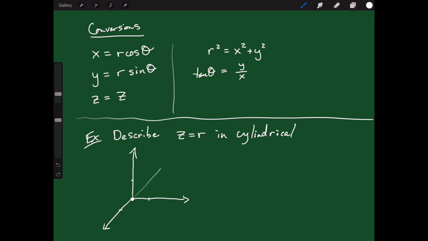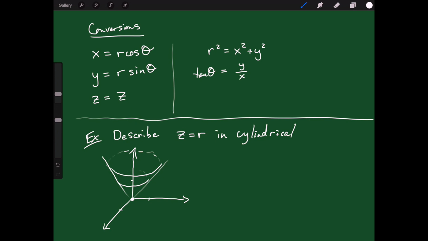A better cone would be here at 1, up here at 2, and so on. So we've got this cone.